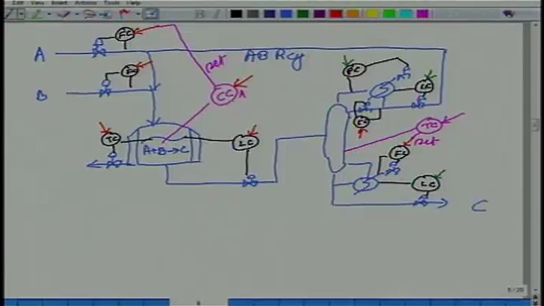With these sets of specifications, your overall control system is respecting overall material balance. The composition controller here will ensure that the A and B fresh feeds are stoichiometrically balanced. This is dictated by the stoichiometry of the reaction, okay. Alright.